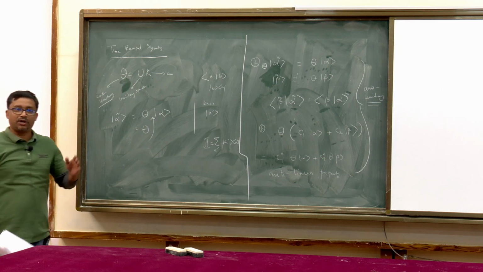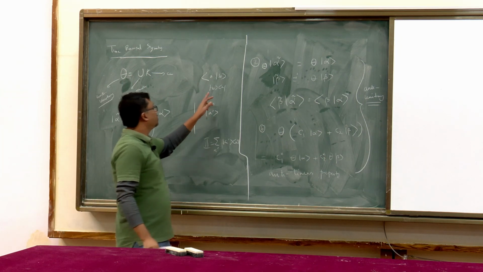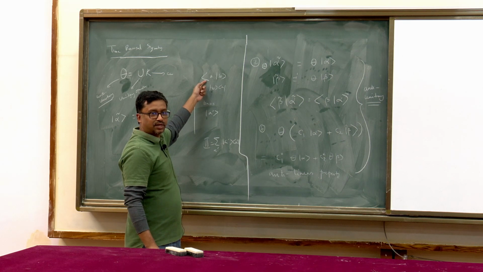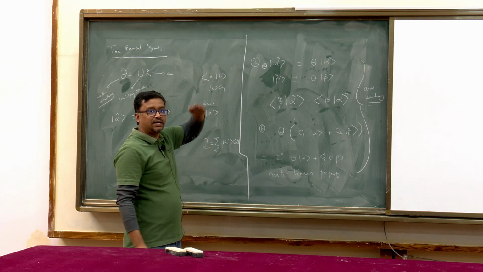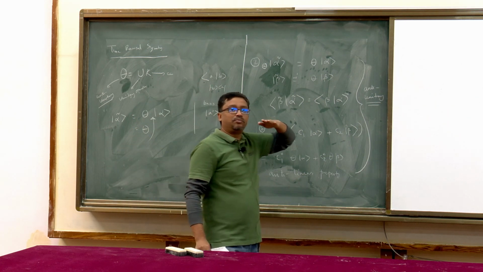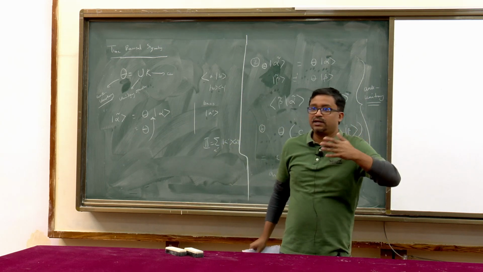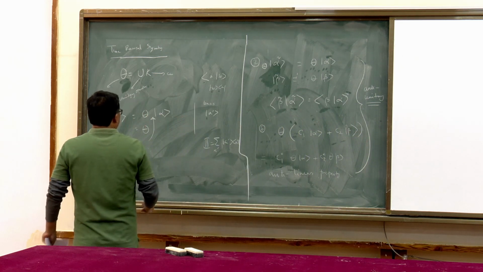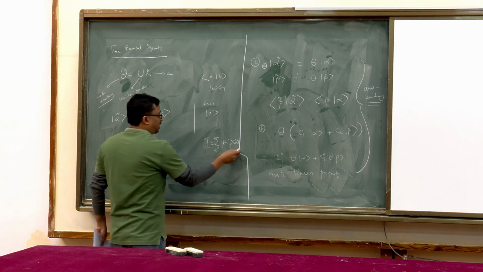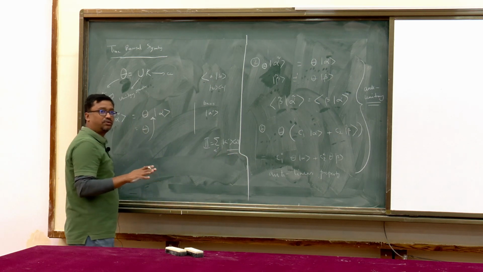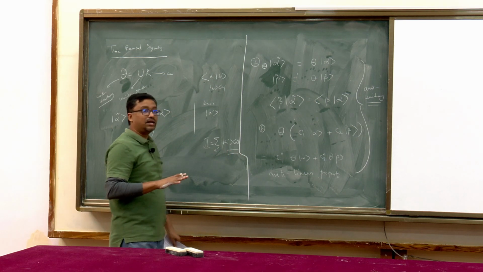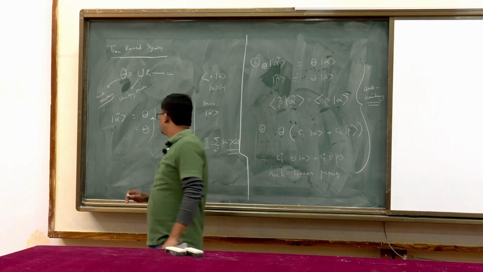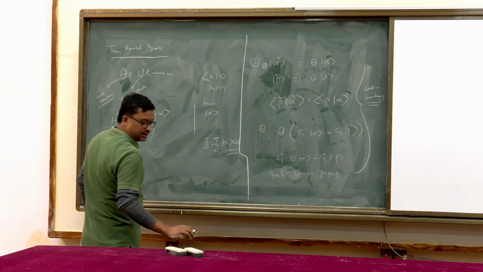You take an inner product, that is a reduction in rank, so from vectors you go to scalars. You take an outer product, that is an increase in rank, so you make a matrix out of it, and a matrix is a representation of an operator. Okay. So, the identity operator is defined like this with the basis. We assume that the basis we are working on is a complete basis. I insert an identity there.